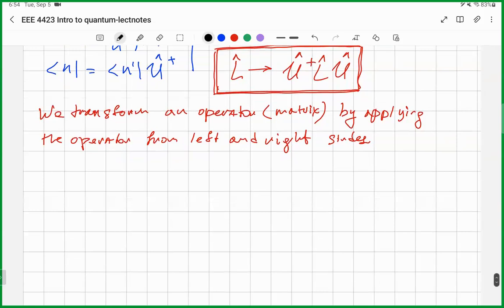As a quick aside, let me also make a note about function space. Function, right?